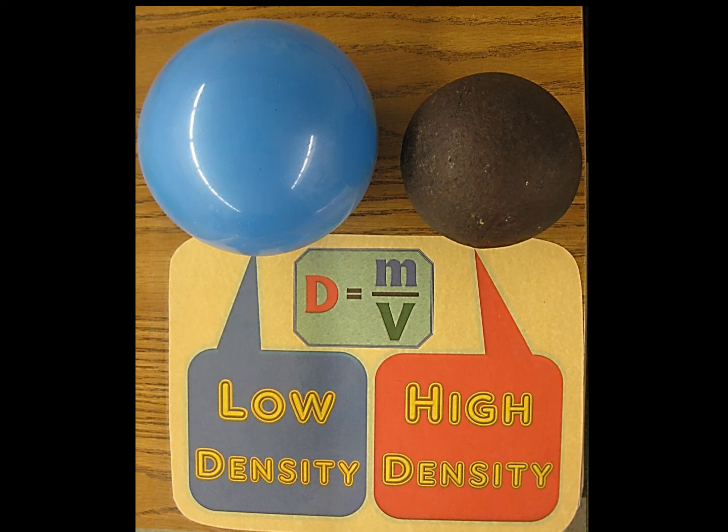That means it doesn't have as much mass in that volume as you might have expected. Or if you go to pick up that shot put, which is a solid ball of iron there on the right, it's going to have a much greater mass than what you expected for an object of that size. So for that volume, it has a whole lot of mass in there.